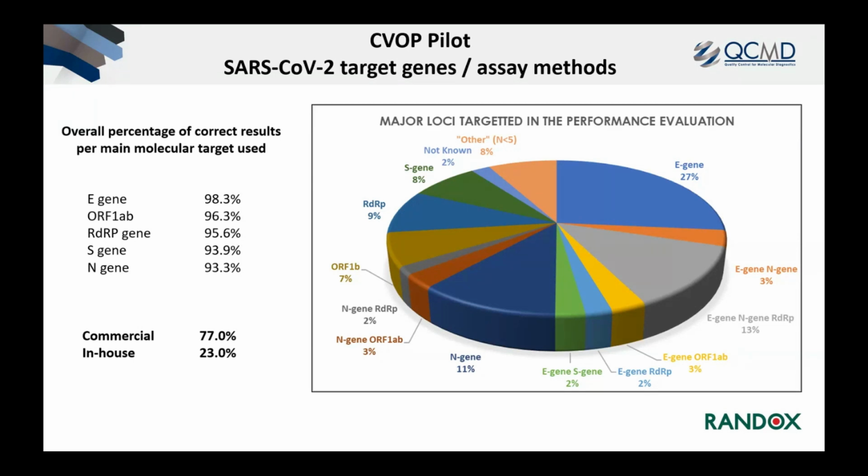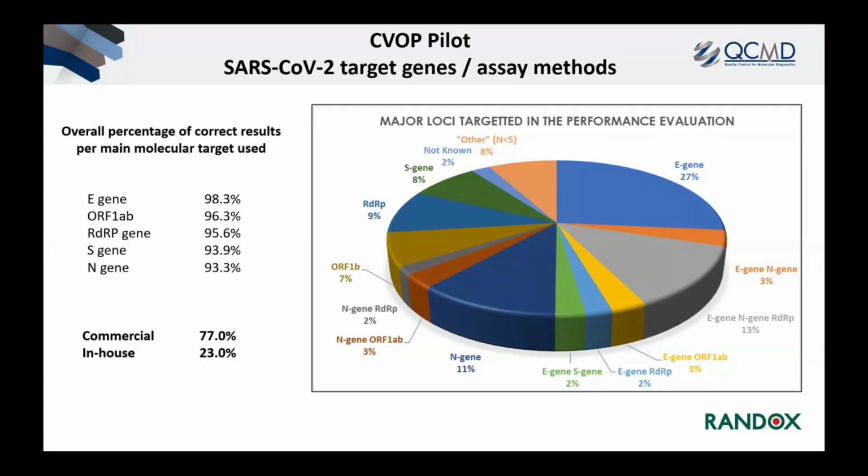This doesn't form part of the formal assessment of the laboratories, but it is useful educational information that we have provided back to the laboratories as part of the supplementary report, because there are some differences in performance based on the target used by the laboratory or the combination of targets. So using an E-gene target, 98% of laboratories or data sets returned correct results, dropping to 93% when using an N-gene target.